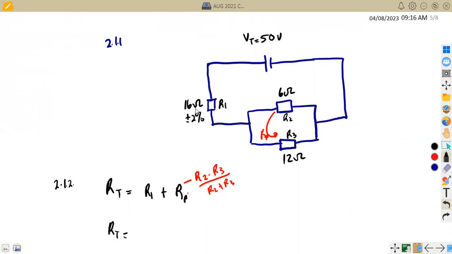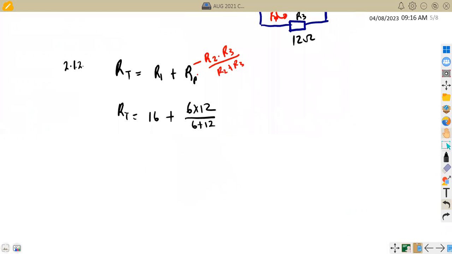So RT is going to be R1, which is 16 ohms, plus RP, the parallel combination, which is the product over the sum: 6 times 12 over 6 plus 12. Let's see what we get. Simplifying this on the calculator, 6 times 12 over 6 plus 12 gives us 4 ohms.